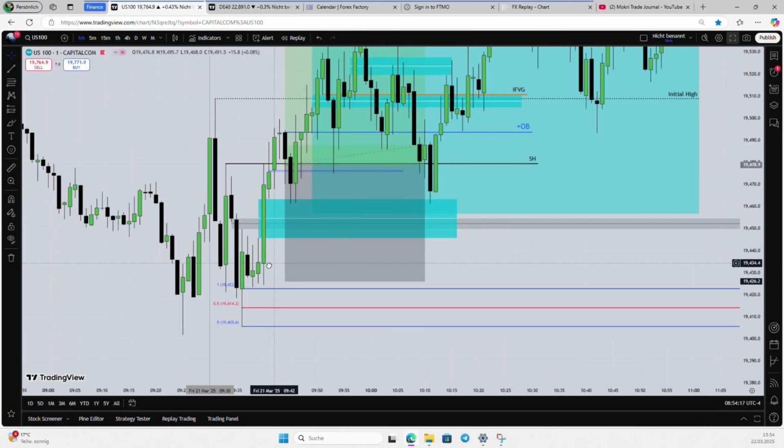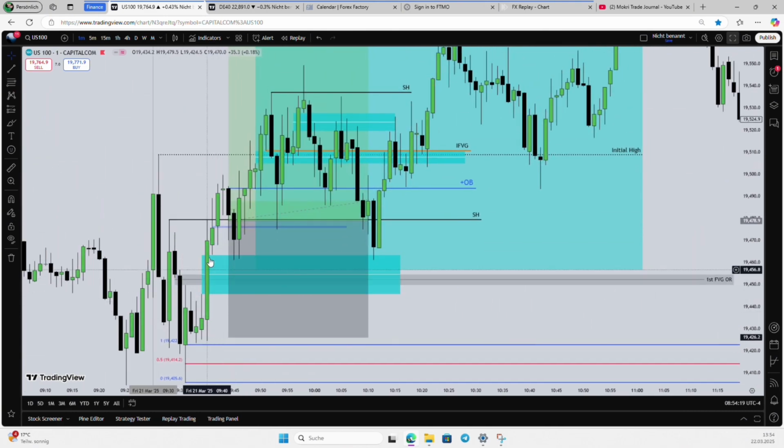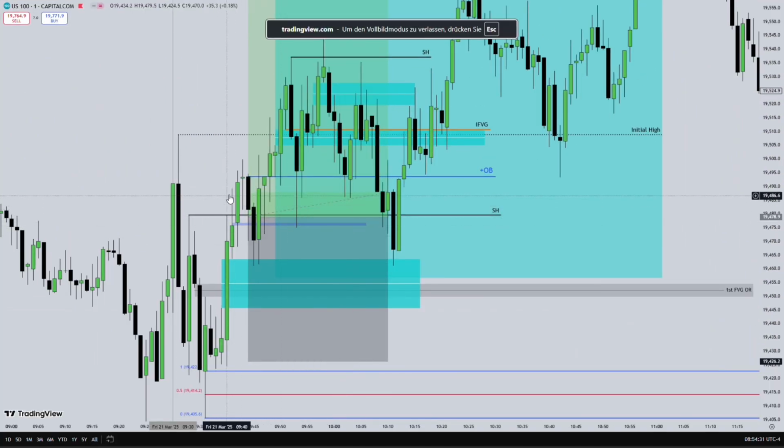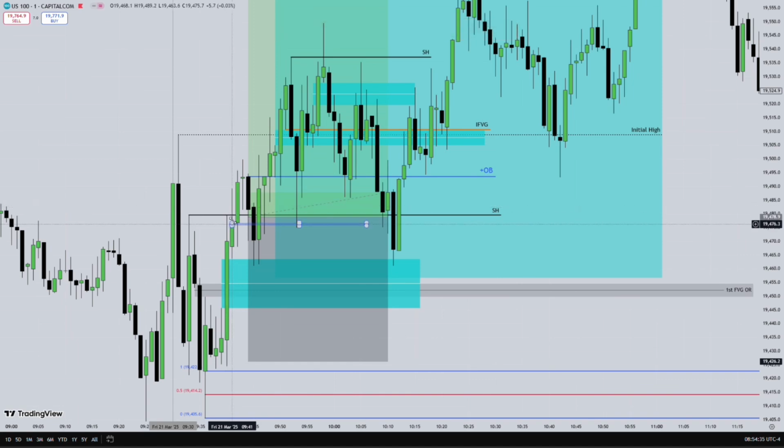And I also took the buy side, took the trade higher, because the displacement higher was much stronger than the first displacement with the first presented fair value gap to the downside, because the first breaker to the downside was also very weak. So this is why I took the second displacement higher with the fair value gap.